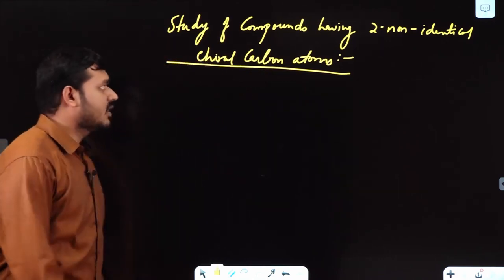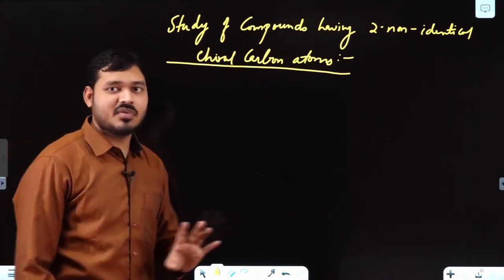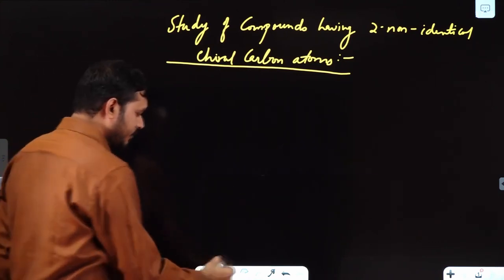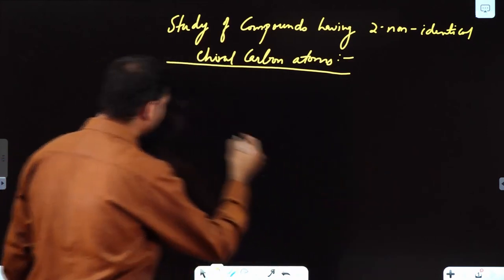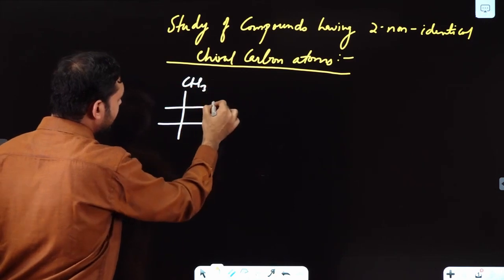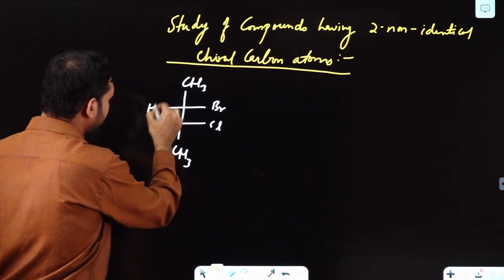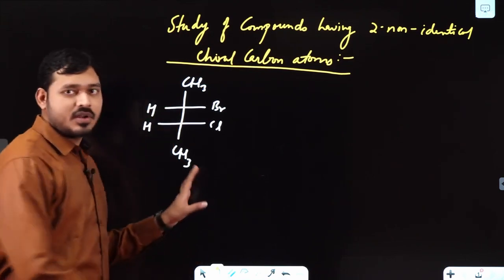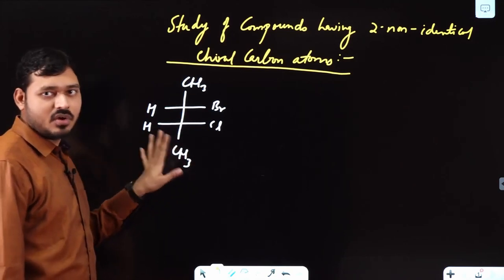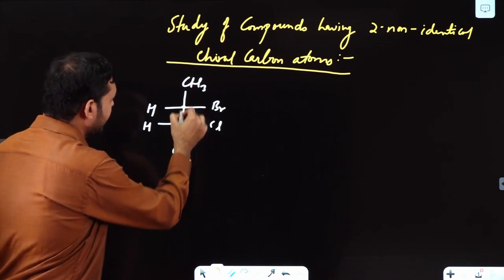Let's study the compounds having two non-identical chiral carbon atoms. Now what is specified about that particular thing? Let's understand. I am taking an example of a compound, suppose CH3, Br, Cl, again this is CH3, H and H. Now students, you can see that this particular compound is having two chiral centers.